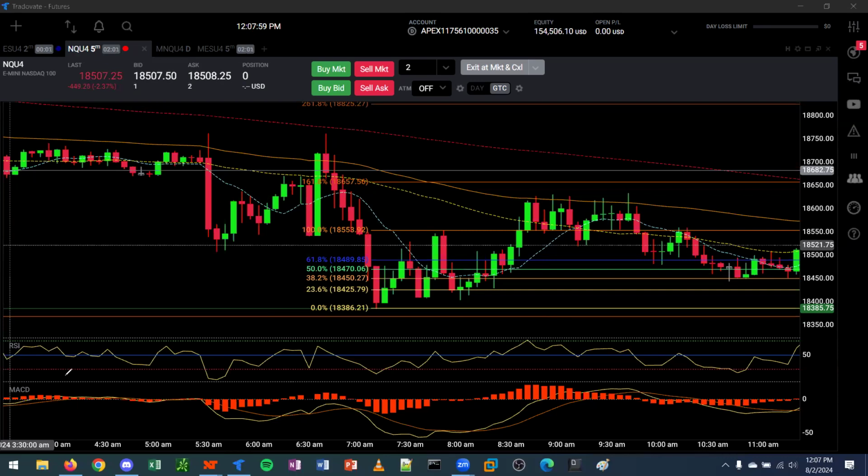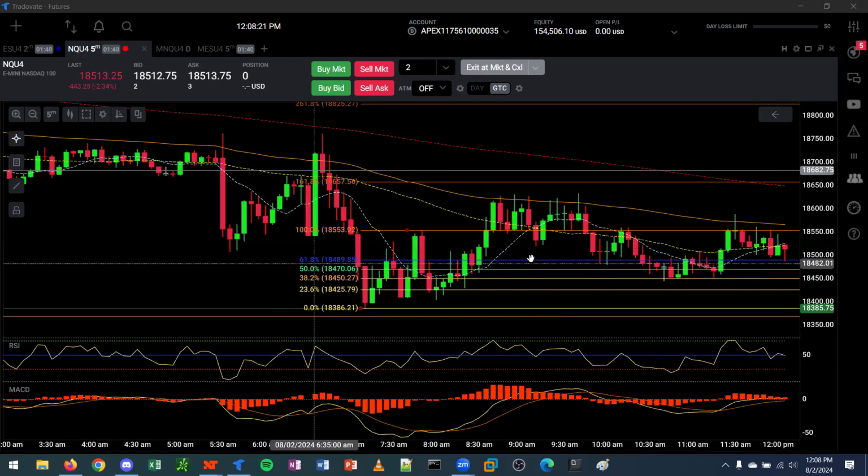The 1 minute is a lot more volatile, and it makes it a little bit harder for you to read price action. As a new trader, especially if you're trading NQ, price action is really, really fast. Right now, it's not that fast because we're barely coming into power hour, so it's going to start to pick up.